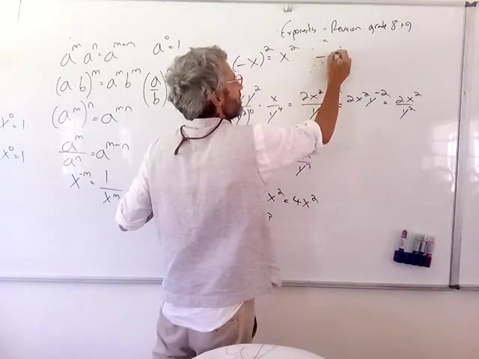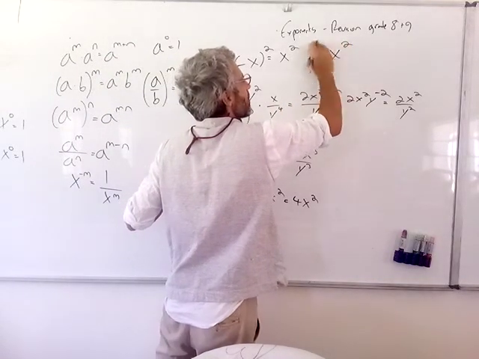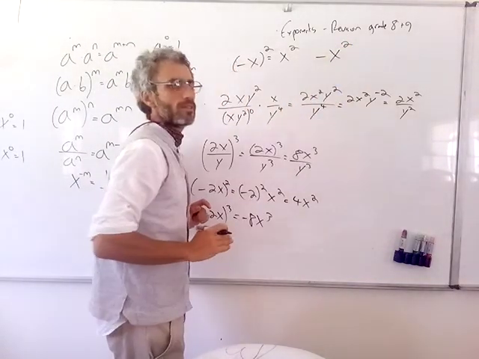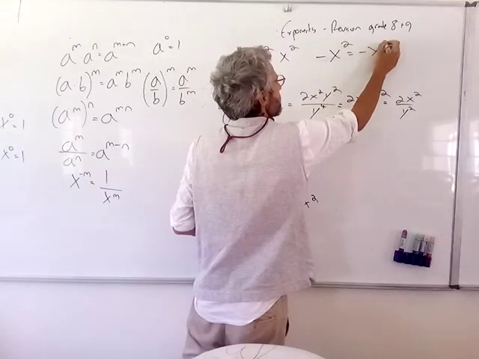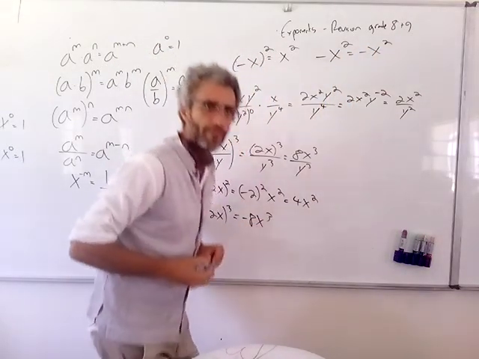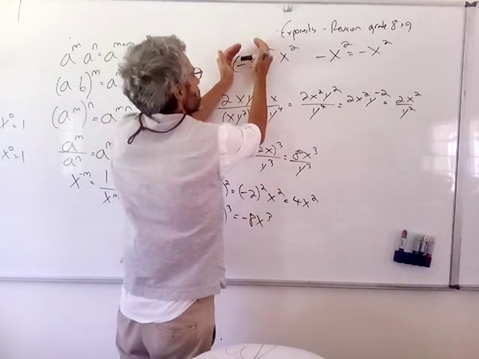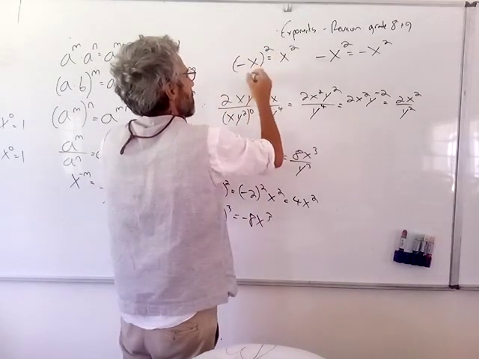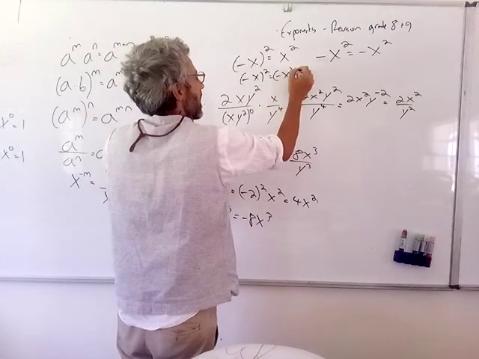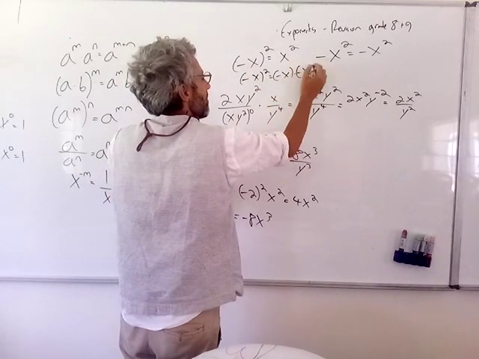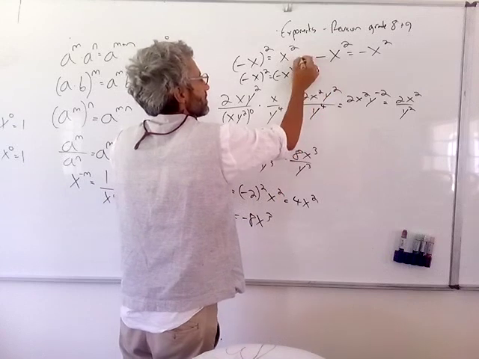But if I've got minus x squared without the brackets, that's the answer, it's minus x squared. There's nothing I can do. What's the difference? In the first, I'm squaring the whole thing. Minus x squared is minus x times minus x, so the minus dies. It's x squared.